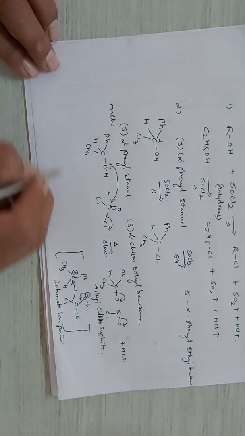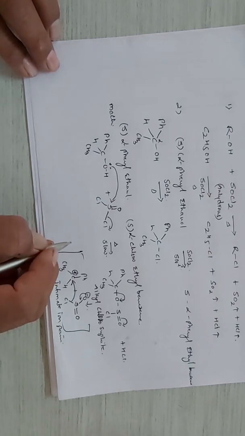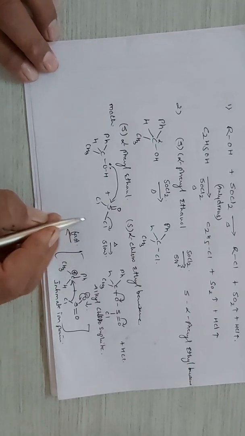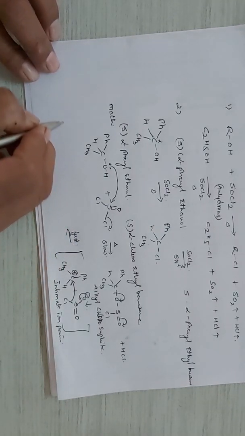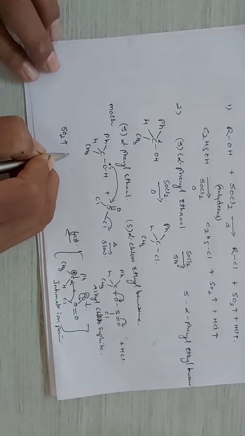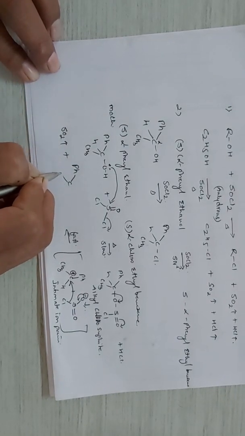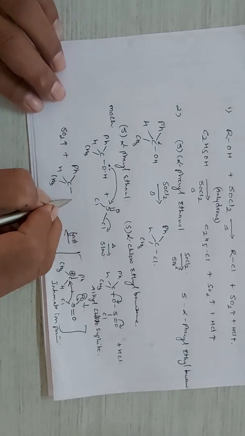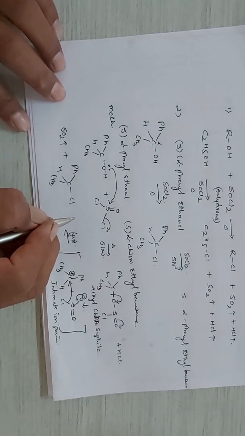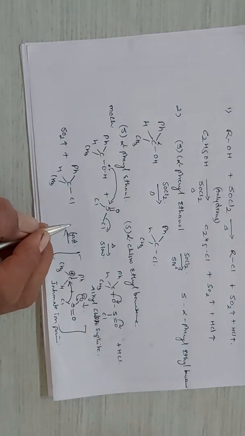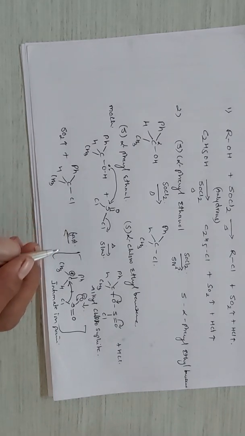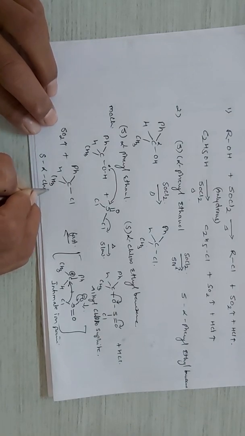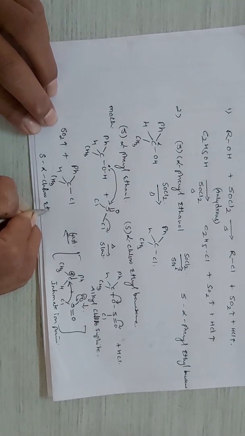Means chlorine is transferred to the carbon bearing positive charge from the same side from where the OH has been cleaved, and so the sulfur dioxide is set free, plus the molecule S alpha chloro ethyl benzene is obtained as a product.